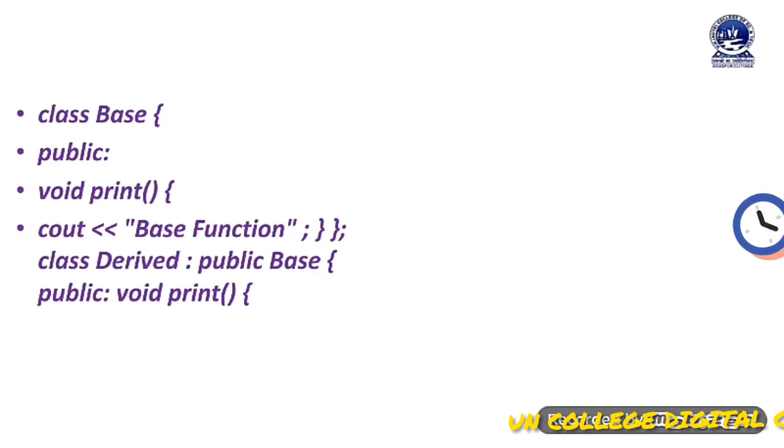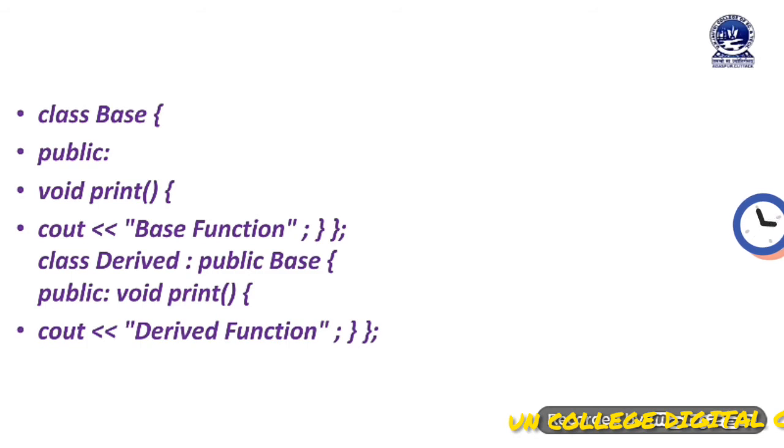Then class derived public base, and inside the derived class, public void print, and inside the print method I have used cout derived function. Here I have used only two classes, one is base, one is derived. Inside the base I have used void print, and also inside the derived I have used void print. So it is function overriding.